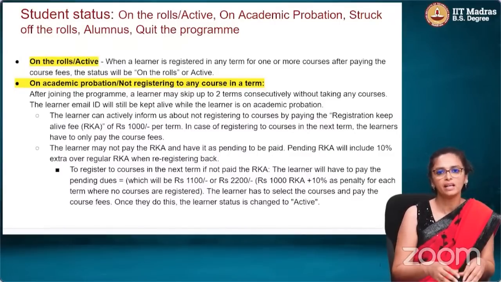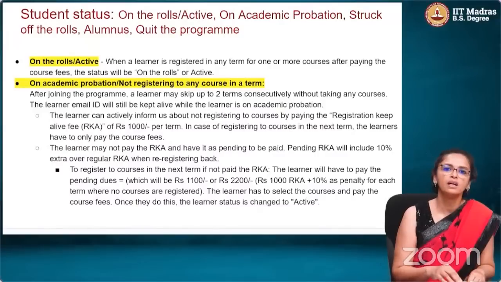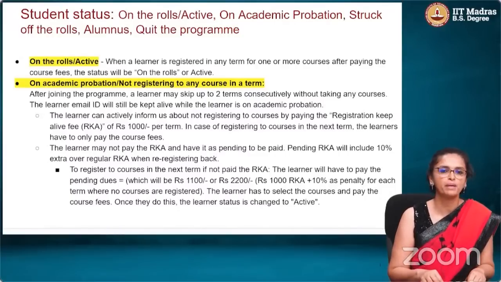And then if you take a term's break, you are maybe paying RKA or you haven't paid RKA, you have not come in to fill the form with us for registering to courses in a term, your status in that particular term will be on academic probation.